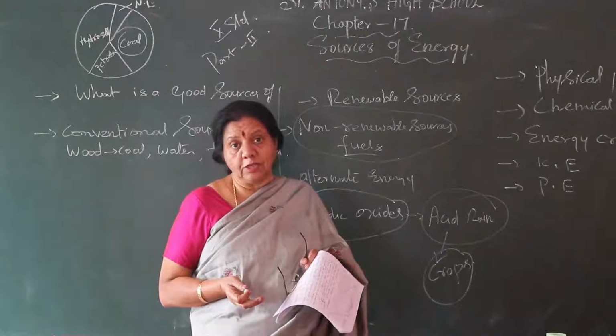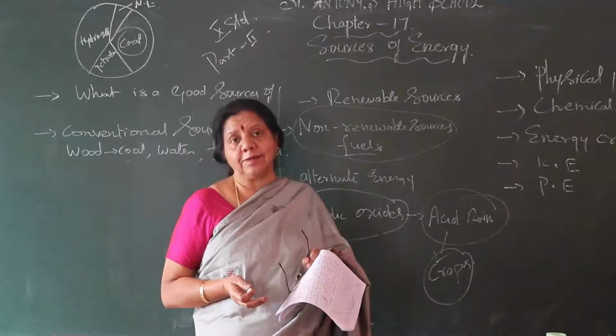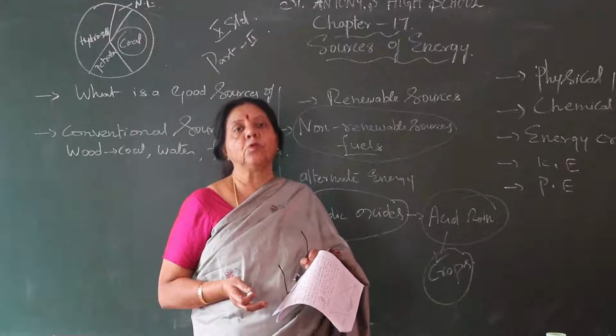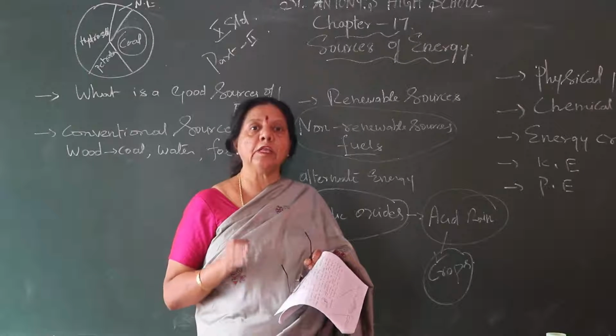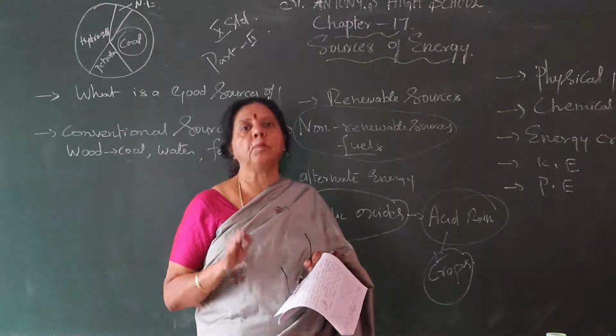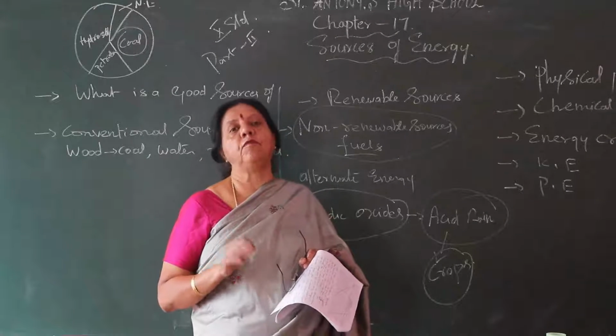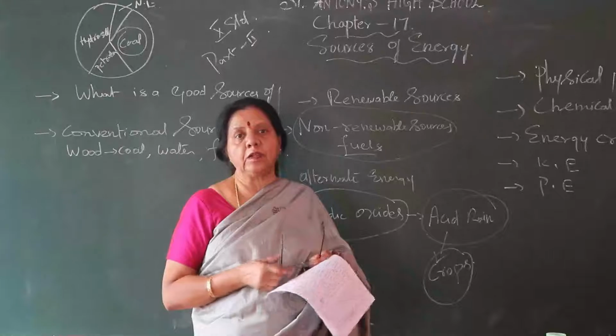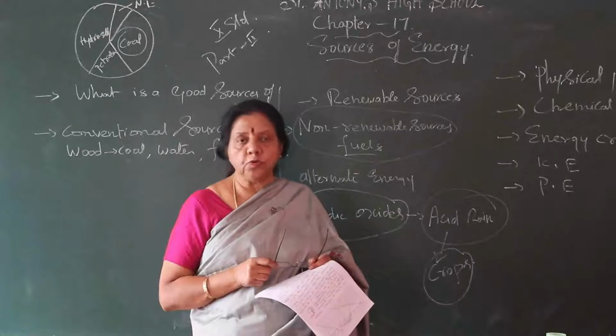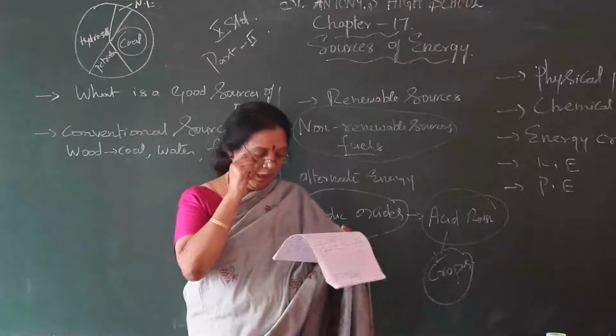See, do we require all these things out of fossil fuels? We don't require them, children. That is why, as far as possible, we have to stop using fossil fuels. So many disadvantages are there. We shouldn't use them, no, children? That is the main thing.